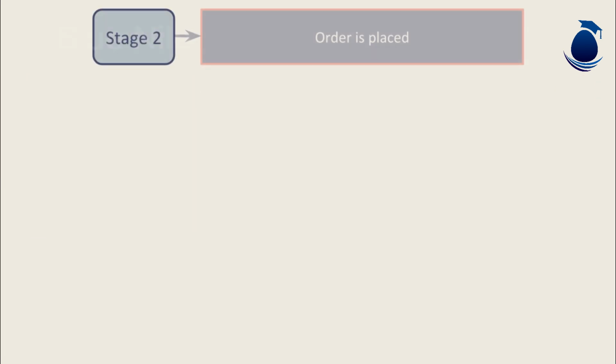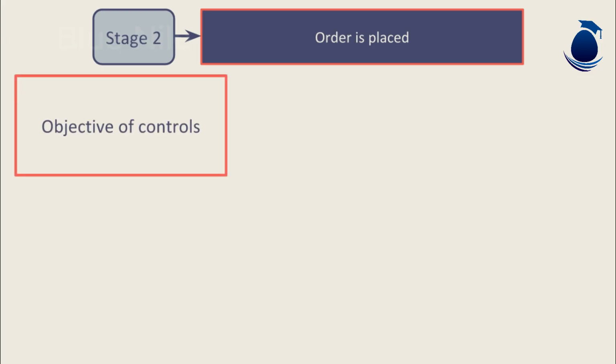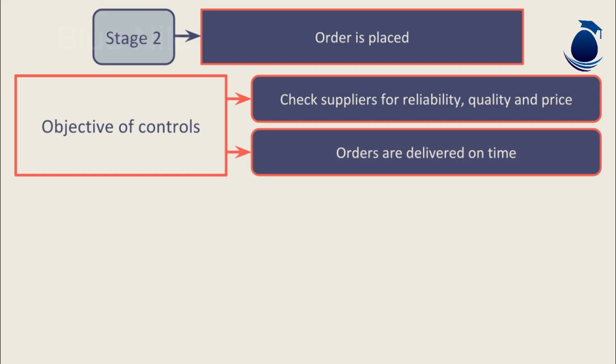Stage 2, the ordering stage, takes place in the purchasing department. There should be a purchase order for each order made, which details the goods ordered, the quantity, price, and supplier used. The objective is to ensure suppliers used have been checked for reliability, quality, and price, and orders made considering disruptions to production if not delivered on time.